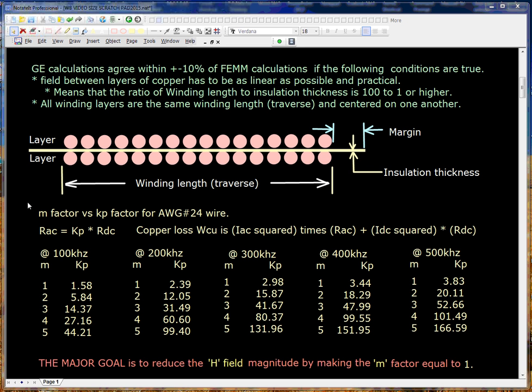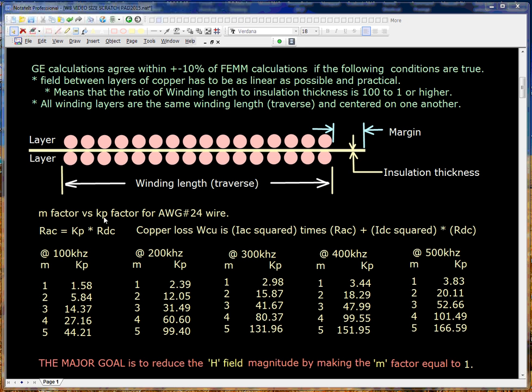Now here's the significance of the M factor before we actually start with the examples. The M factor controls the KP factor, or you can say it another way: the KP factor is a function of the M factor. This is what we're going to actually control.